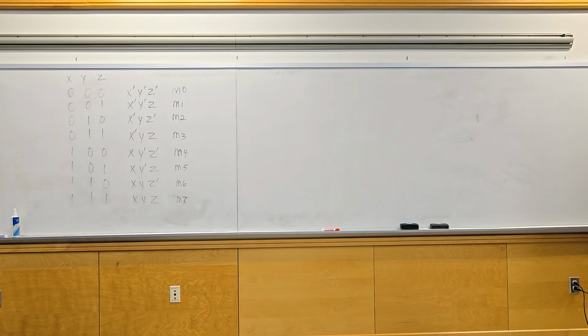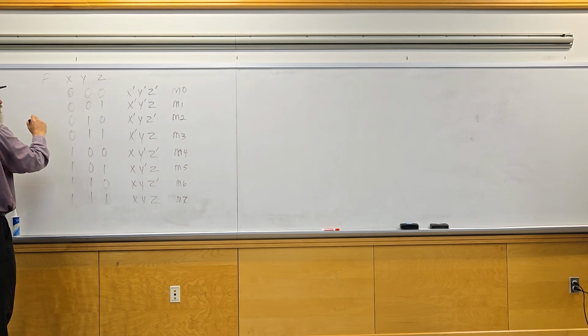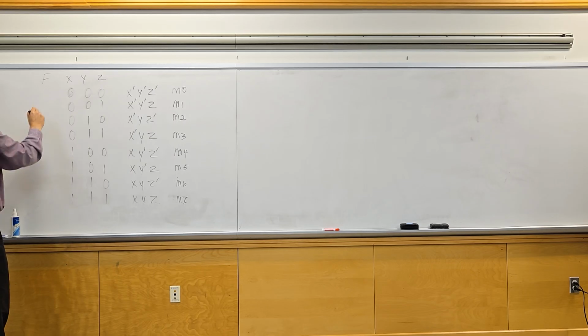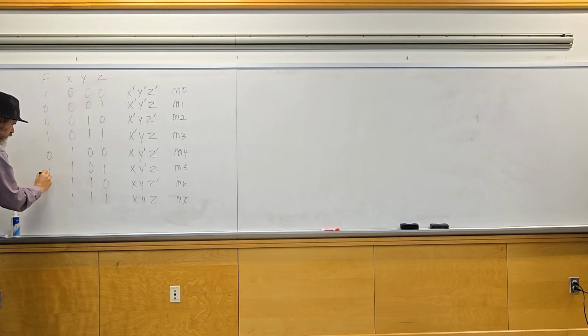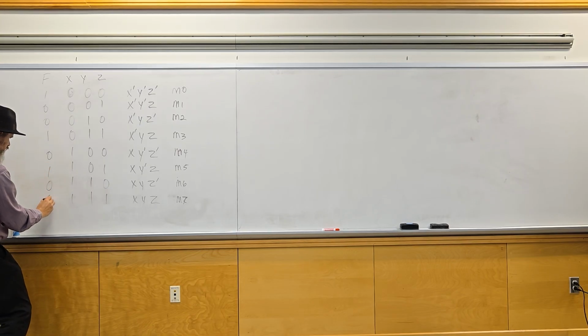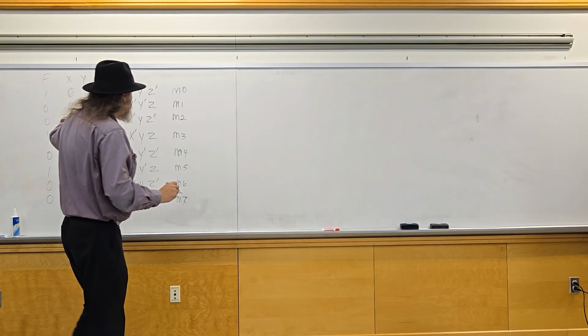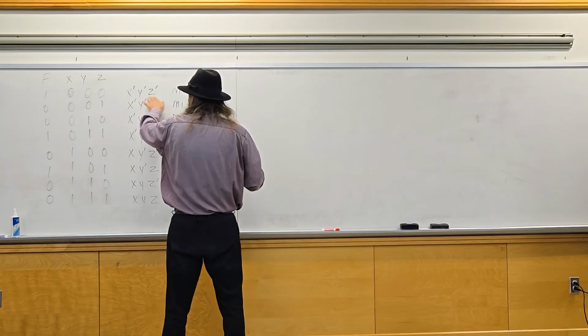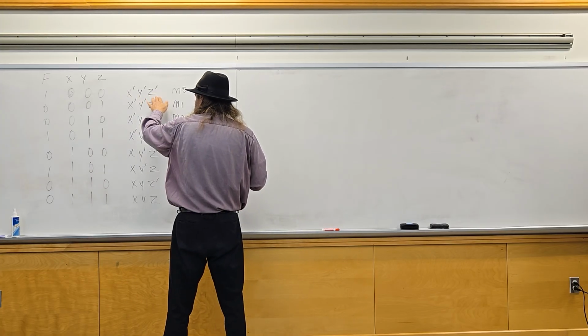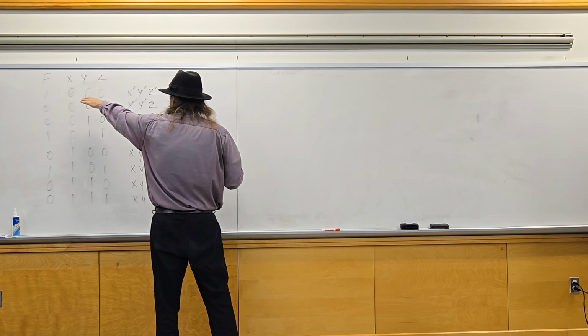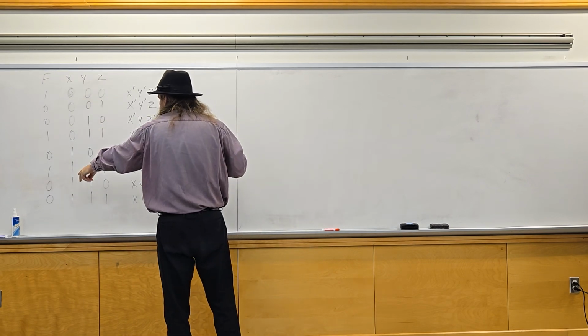Now, let's say you have F, I'll put it over here, even though it's not standard practice. They have 1, 0, 0, 1, 0, 0, 1, 0, 0. Okay? So the sum of minterms would be the minterm matching for each one in the output column.